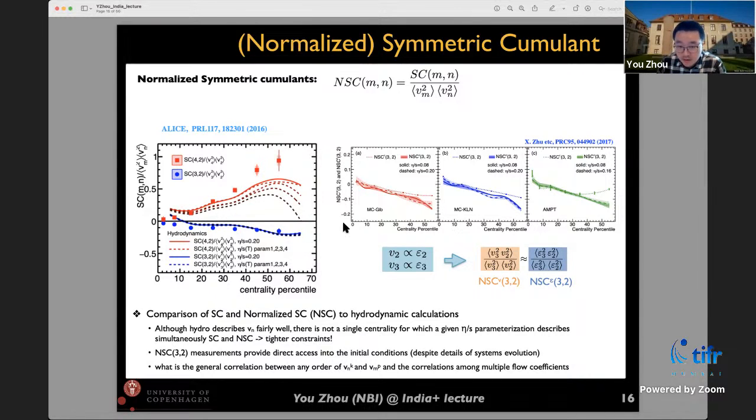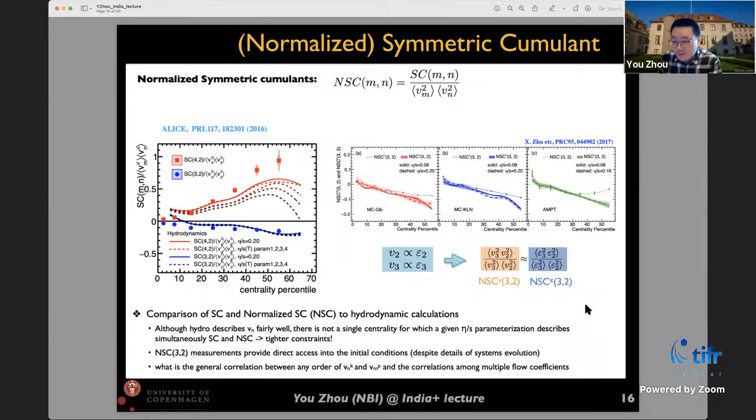You might wonder. Later on, we also did this hydrodynamic calculation using different initial state models, Glauber, KLN, and AMPT initial conditions, which go through with different eta over s for the hydrodynamic model calculation. And you can find that up to centrality 30 to 40%, there's rough agreement between the calculations with eta over s equal to 0.08 or 0.16.